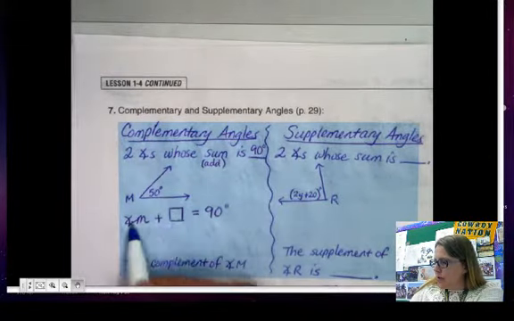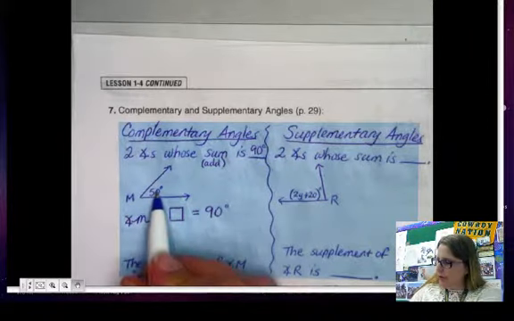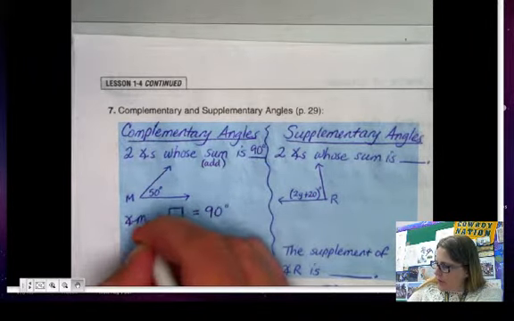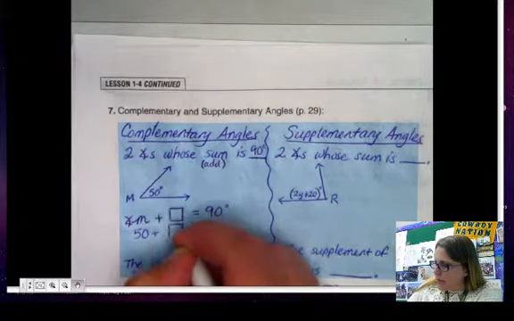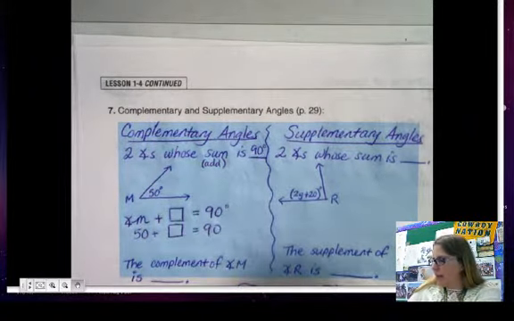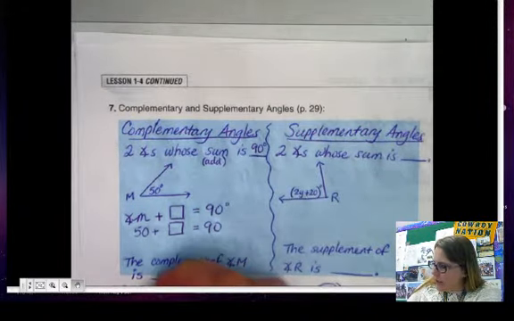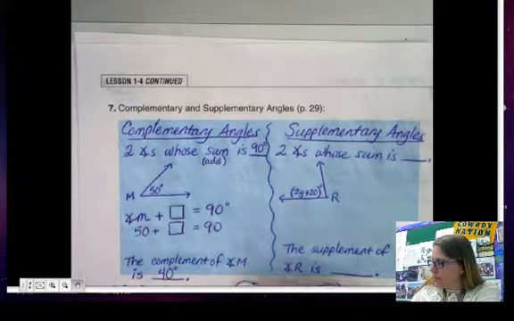So these two are complements because they add to 90. We're told that angle M is 50. So 50 plus some amount equals 90. You subtract 50 from both sides and you get 40. So the complement of angle M is 40 degrees.